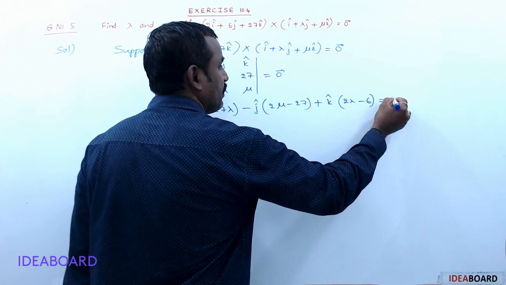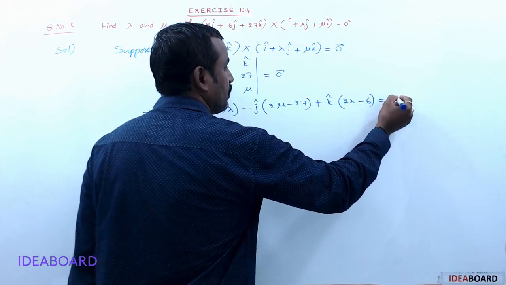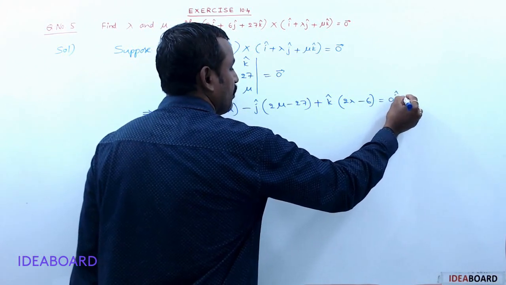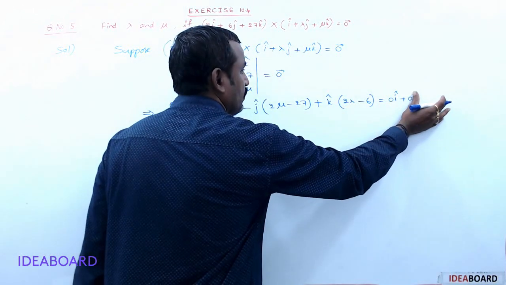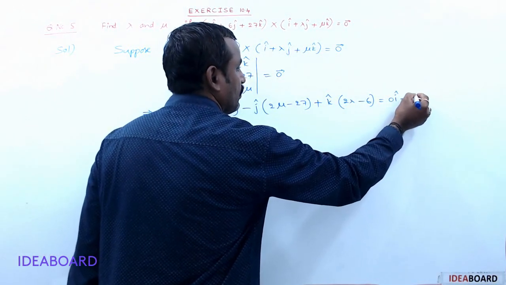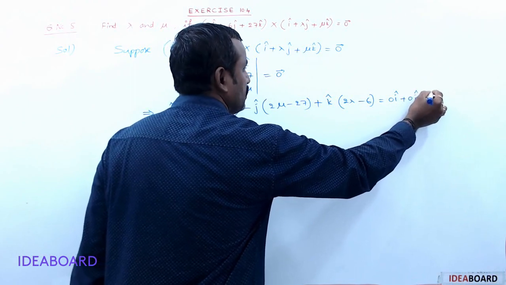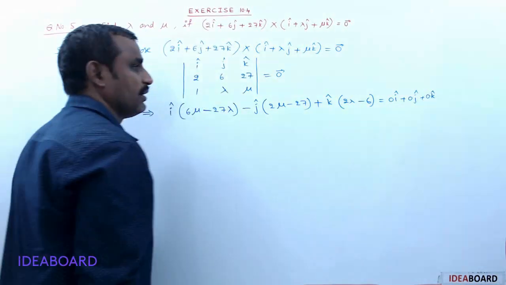How to expand, everyone knows this. The right side is 0 into i cap plus 0 into j cap plus 0 into k cap, the null vector.